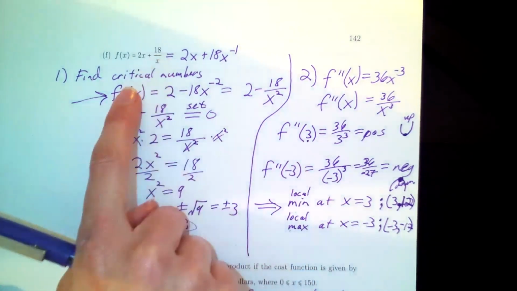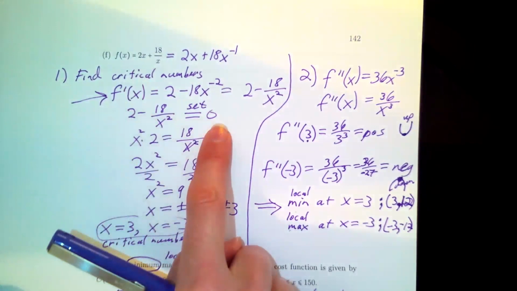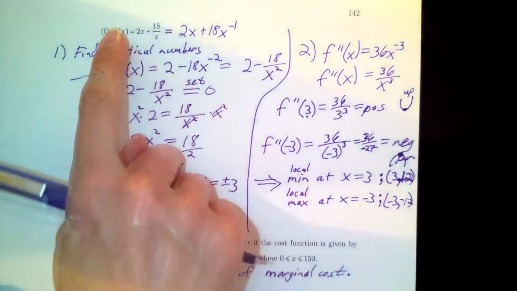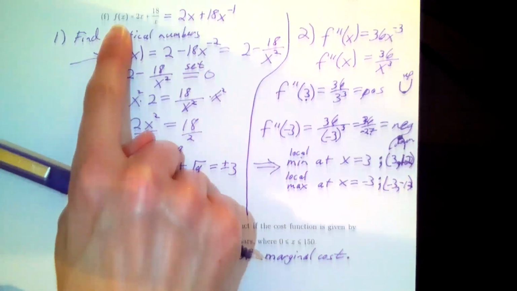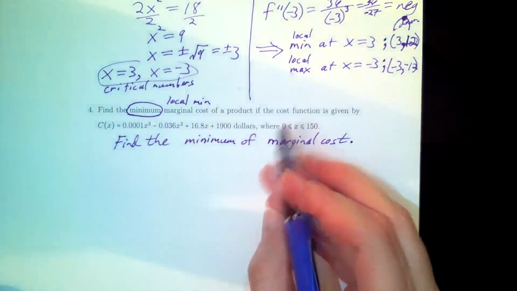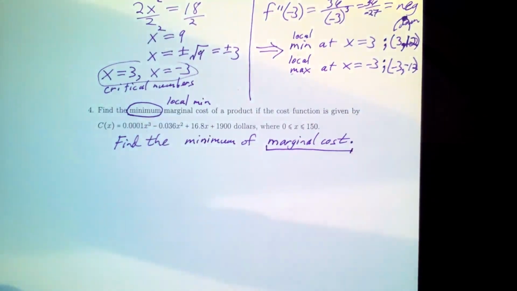So we would say that these are local minimums of the function that I originally had. If I want to find the minimum of marginal cost, I need to be starting with the marginal cost function right in my face. Do I have the marginal cost function in front of me?